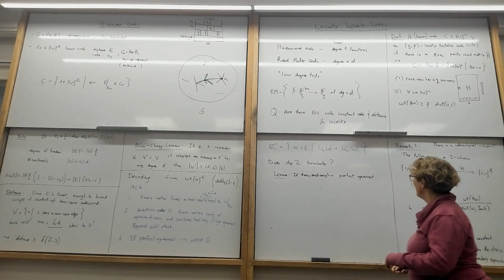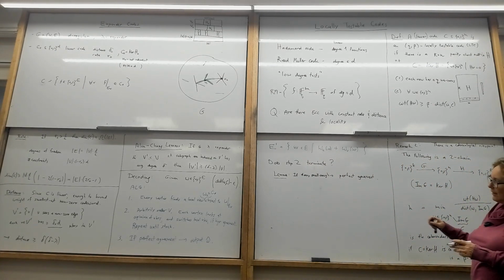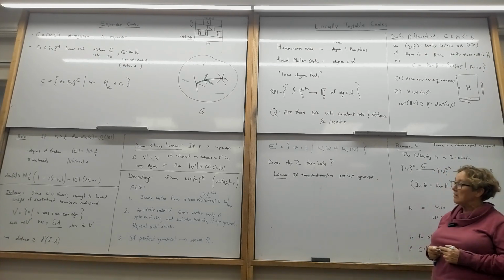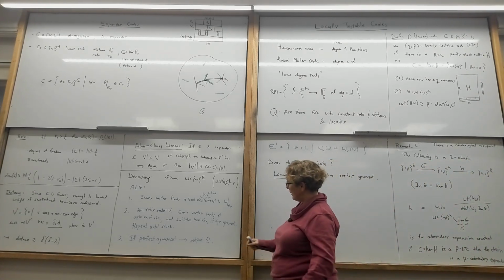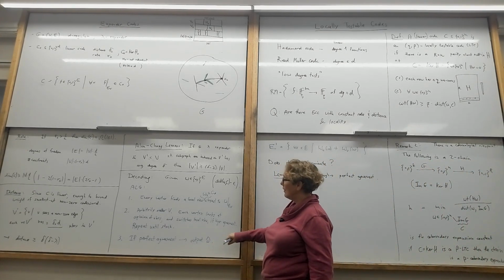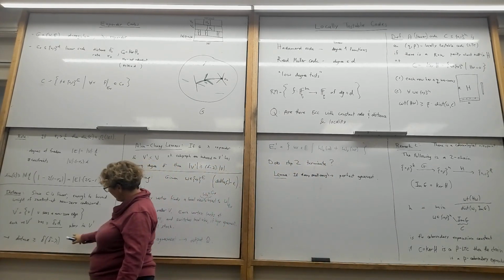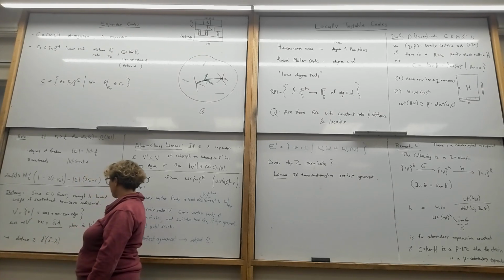Now I have to say, this is not the analysis that people usually make for decoding expander codes. There's a much better analysis. I mean, when I say much, I mean the parameters come out better. You want to decode from the largest fraction of errors that you can. So you really want to do it from delta, from the distance divided by 2.